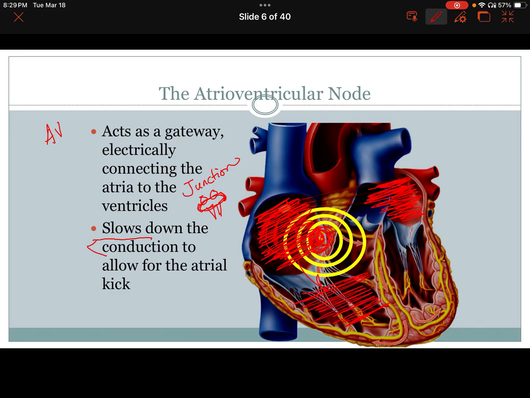Well, by slowing this conduction down, we're allowing time to get this blood in here fully. So we want to fill up these ventricles as much as we can. So slowing down that conduction for the atrial kick gives us the ability to contract and push that blood down and give it time to fully fill up.